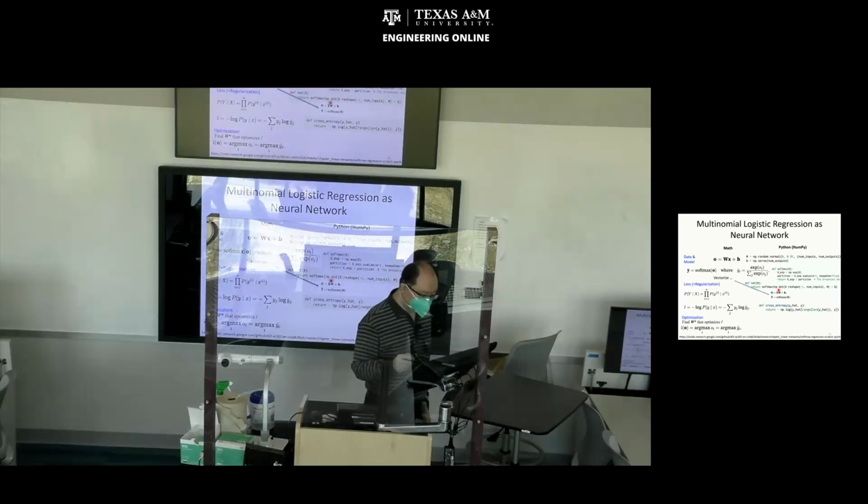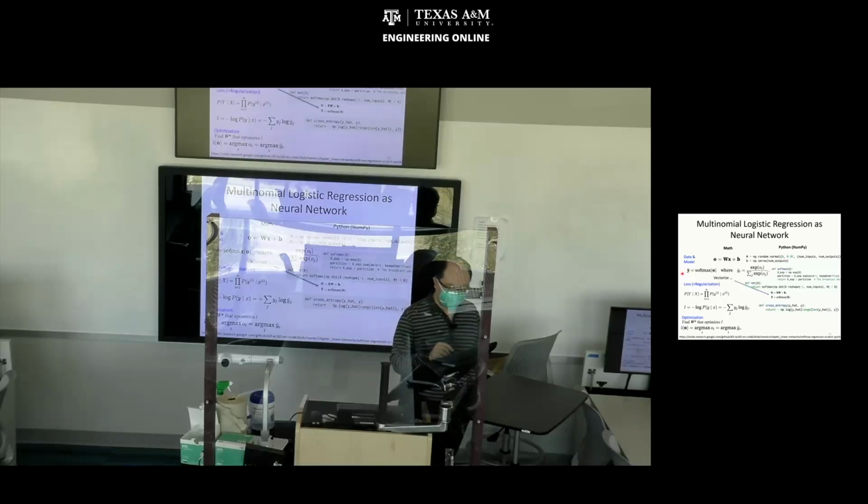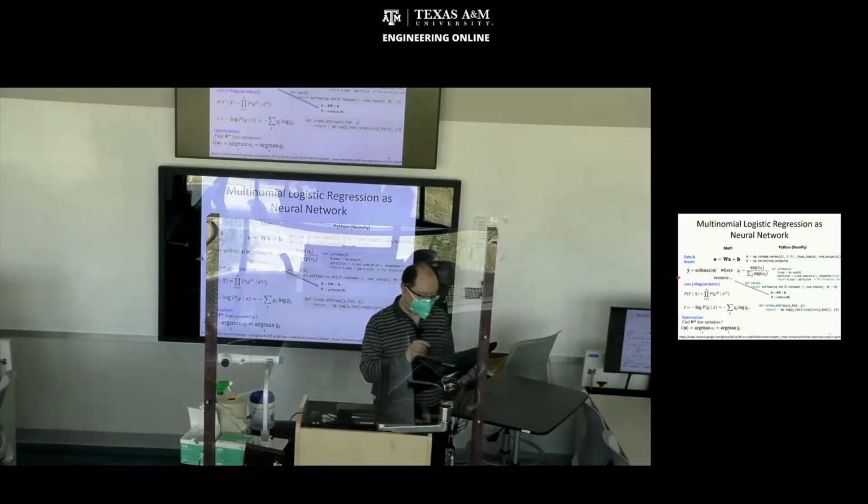So if you vectorize, instead of a single observation O, now you have a matrix O equals X times W plus B. And then Y hat is now, instead of a single scalar for one example, I'm sorry, instead of a vector, because you have K classes, the length of Y hat for one example is 1 times K or K times 1.